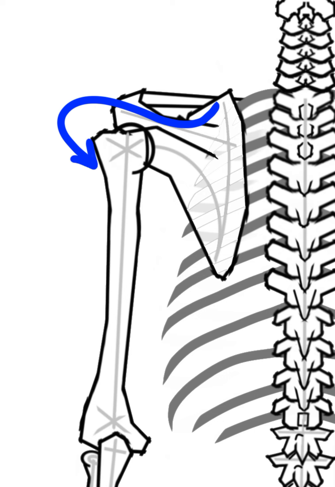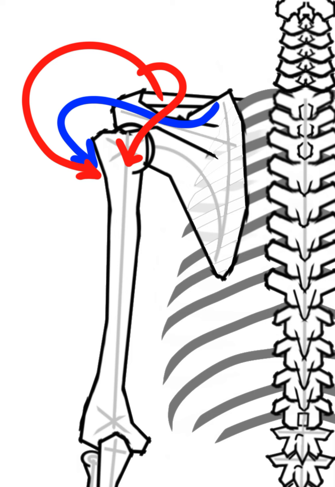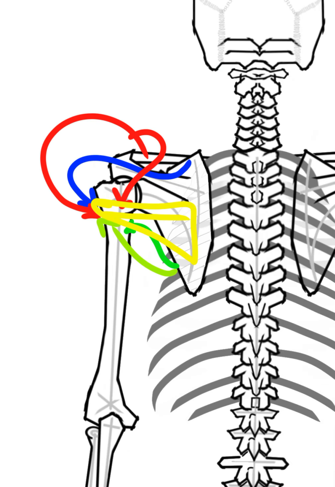Supraspinatus, for instance, the deltoid and its many points of attachment. We, of course, have our teres major muscle going around to the front, and we have a teres minor going more up to the top, and along with it an infraspinatus muscle.